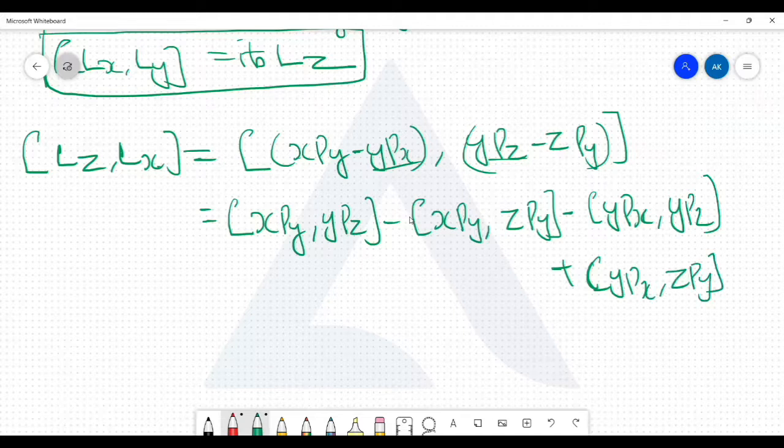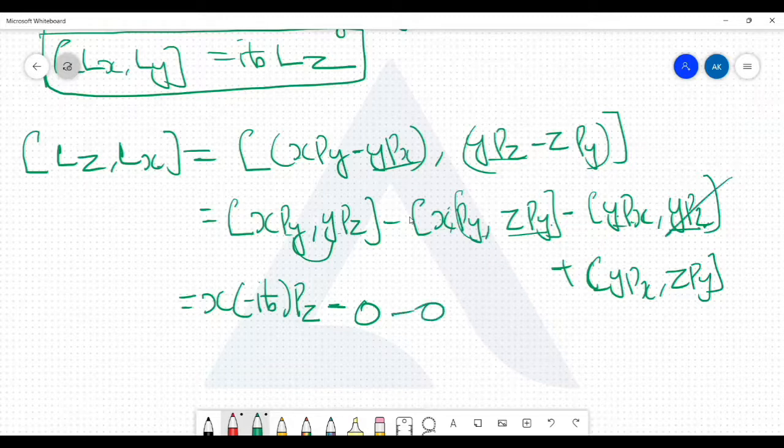Now apply your logic. When you take this x out and take the commutator with the py, this term will exist. Therefore, x py y is minus i h cross, you have pz there. Minus, if you take x out and take the commutator, nothing will exist. And you take the commutator of x with the z py, you will get nothing. Therefore, this term is 0. Here also, first you take the commutator of px with the py z, nothing will exist. If you take the commutator of y with y pz, nothing will exist. Therefore, minus 0.